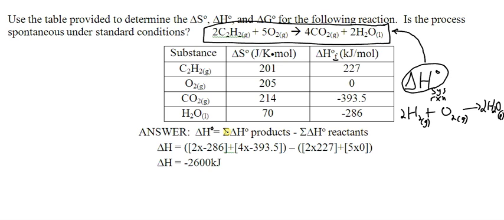And this summation comes from taking the coefficient times the value that we're finding in the table for the enthalpy of formation. And so we have this, let me redo the circling there because I just totally misled everybody.